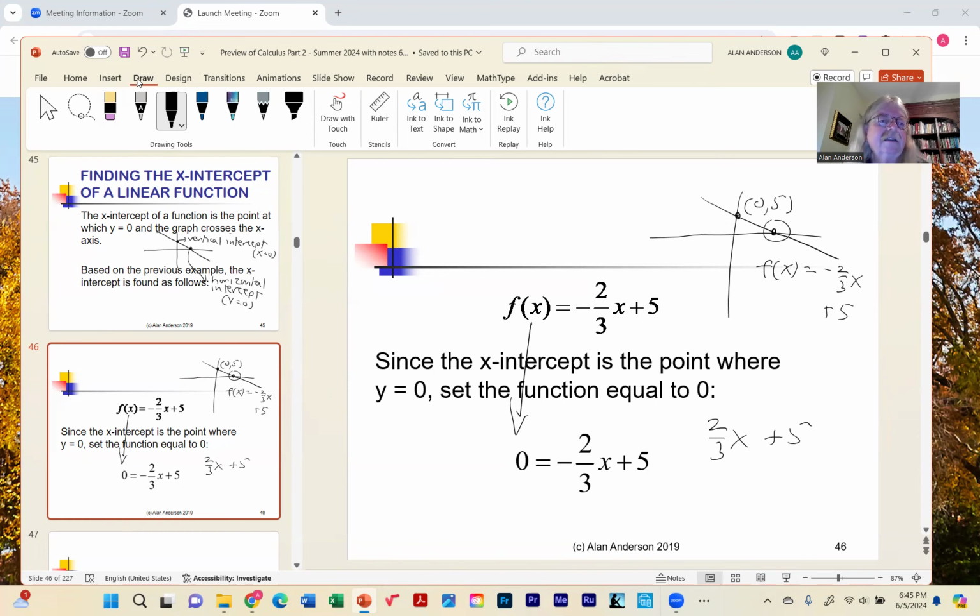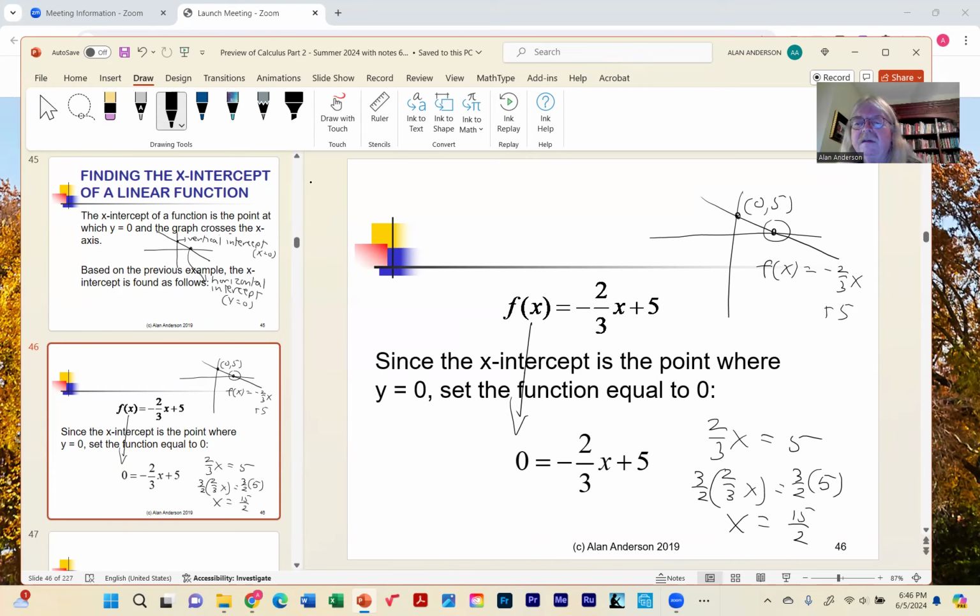Whoops, sorry. 2/3 x equals 5. Now, in order to solve for x, I'm going to multiply both sides by 3/2. So we end up with x equals 15/2.